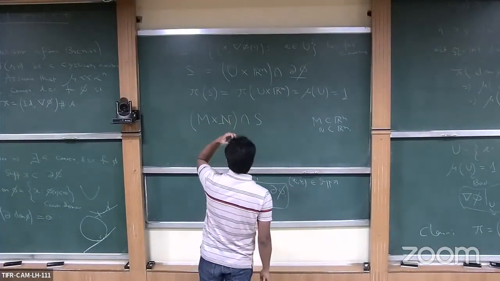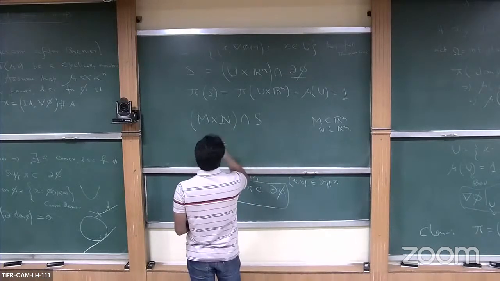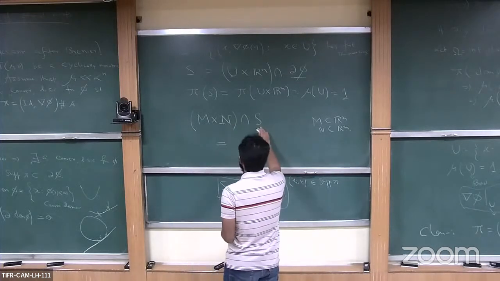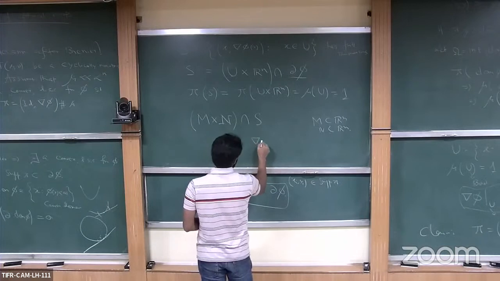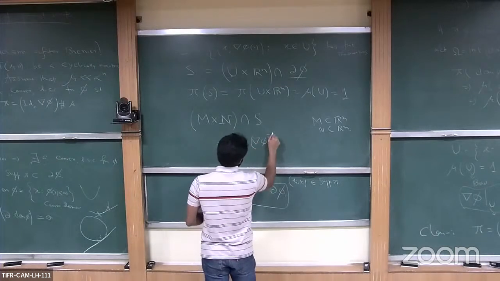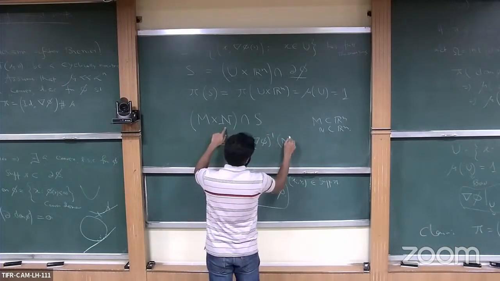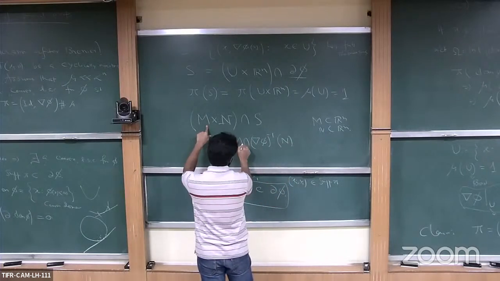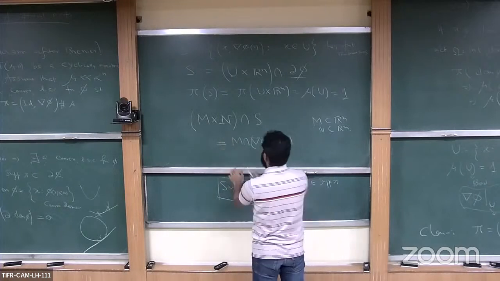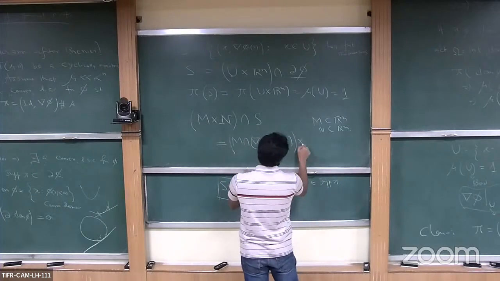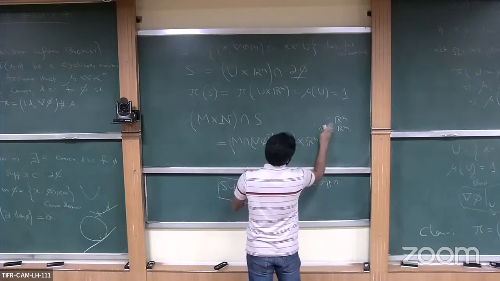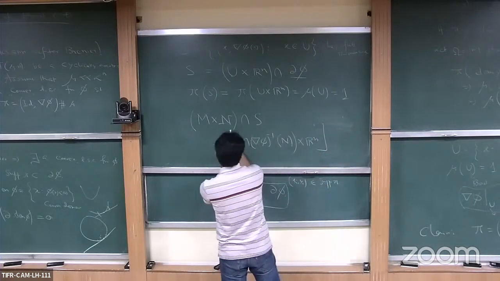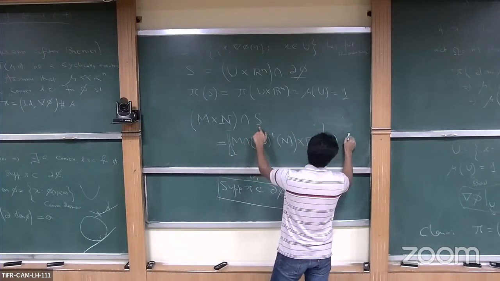S contains the point of differentiability of phi, right? So I have to take gradient phi inverse of N, and this also must come from N. Okay. So these are the first component, cross Rn, and I have to take intersection with this, right?